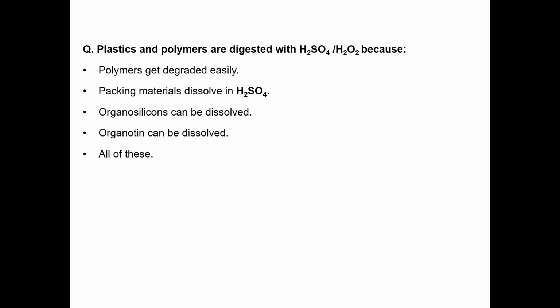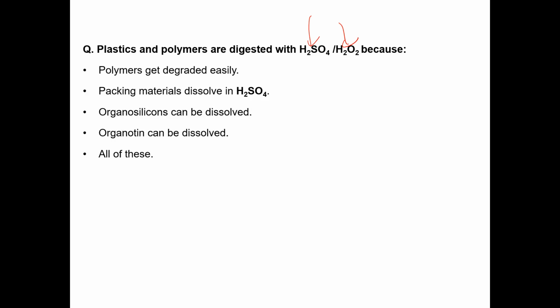Plastics and polymers are long chain compounds, and they are basically organic. If you add this oxidizing agent or acid, what will happen? The organic content will be easily degraded, or it can be converted into oxidized products like carbon dioxide, right?